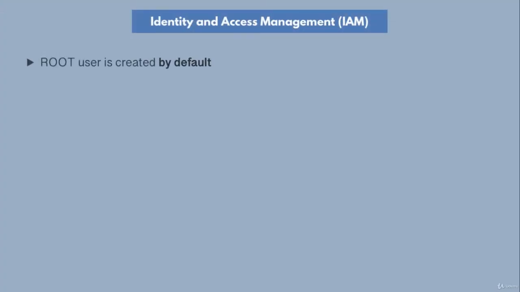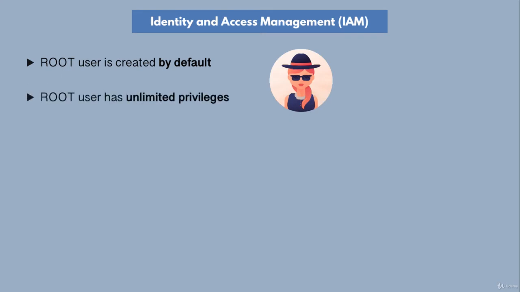Now, by default, when you create an account on AWS, you have a root user. This user gets created automatically, and it has access to all the services and all the features. So it has unlimited privileges to do whatever you want in your account, including the billing part, account settings, and so on.